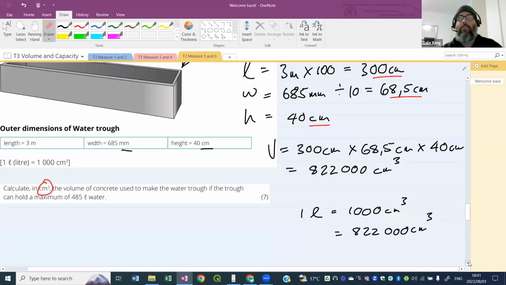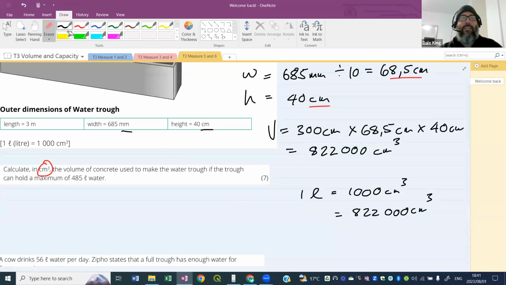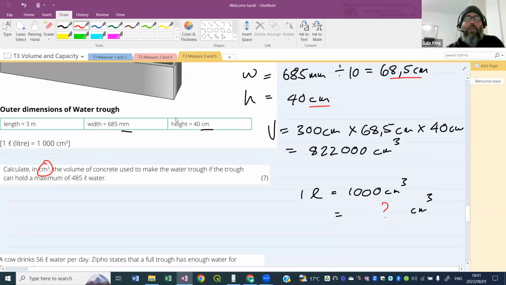I think I made a mistake. Oh no, I'm incorrect. You know what we have to do? Since we're using 485 liters of water, we have to use the 485 liters instead of the 822,000, because we have to get 485,000 in order to subtract the centimeters cubed. So this is the question mark, and over here is 485 liters.